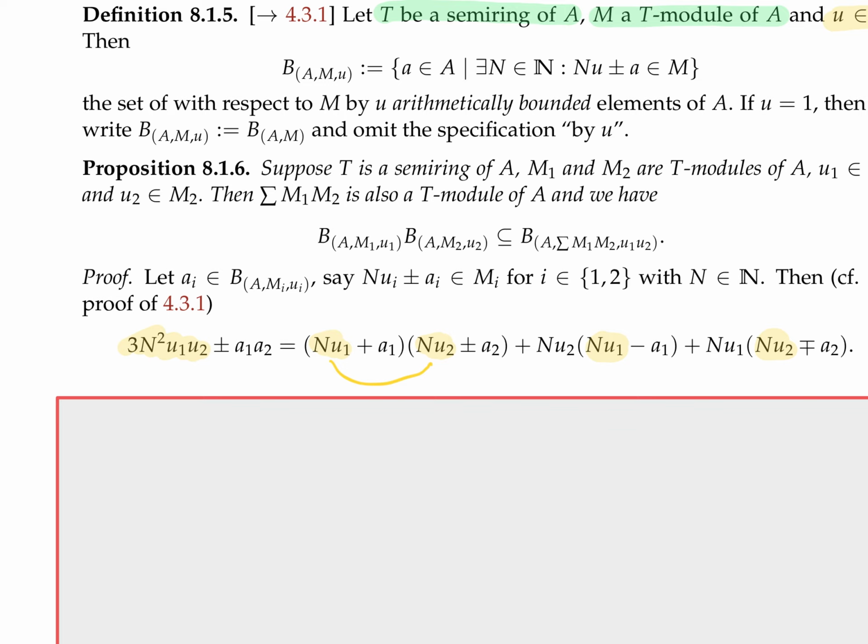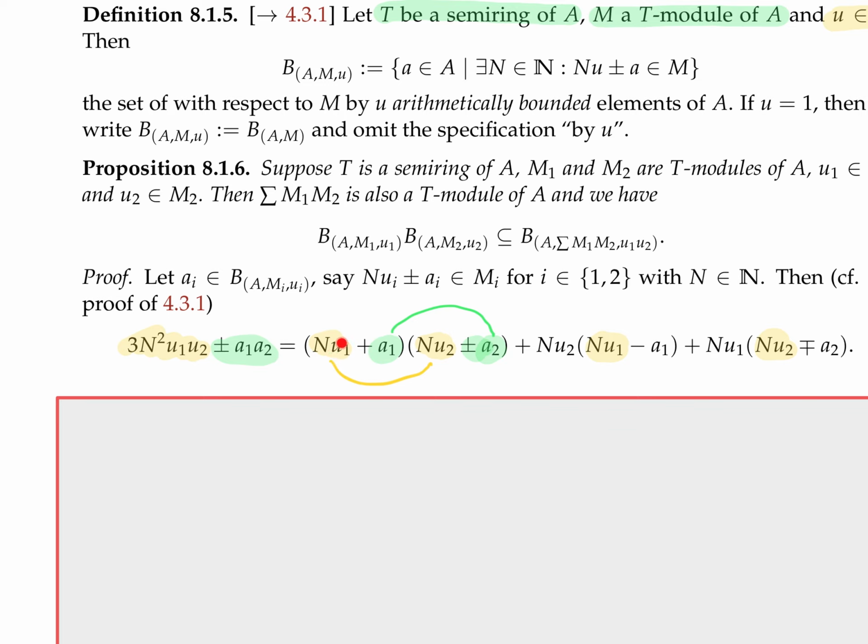Now, what about the plus or minus a1 a2? Well, let me draw this in green. That's these two multiplied together, actually with the signs. So that gives this here. Now the problem is that I get mixed terms here.